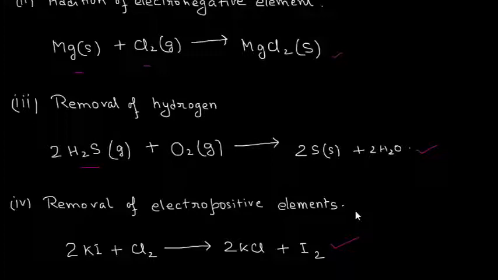So potassium iodide reacts with chlorine, it forms potassium chloride and iodine is left alone. So in this way potassium is removed, so it is an oxidation reaction.